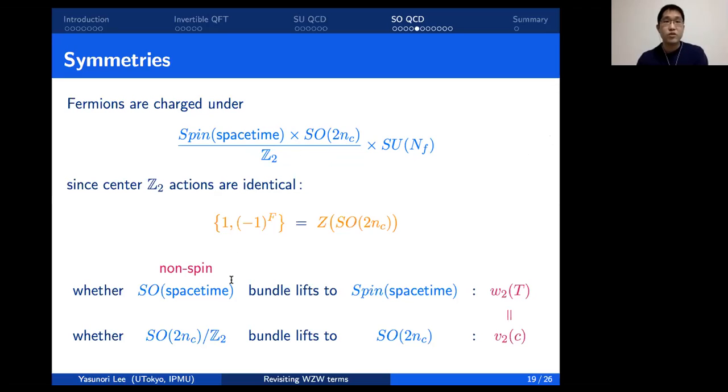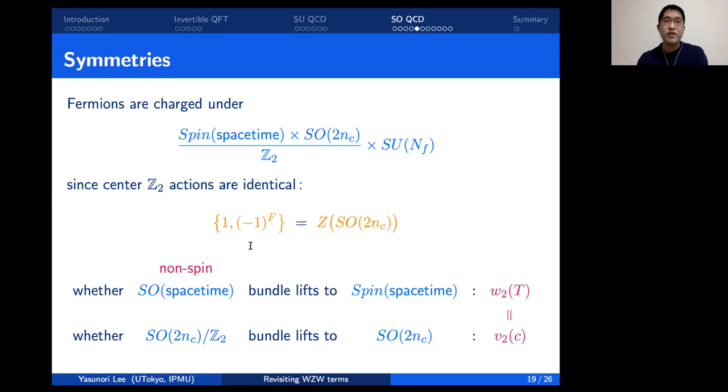So let me rephrase what I said in one more concrete way. Obstructions to the lift of bundles are captured by certain characteristic classes. For our case, whether spacetime SO lifts to spacetime spin is known to be controlled by a Z2 valued characteristic class W2 of the tangent bundle, while whether gauge SO over Z2 lifts to gauge SO is controlled by another Z2 valued characteristic class V2 of the gauge bundle.